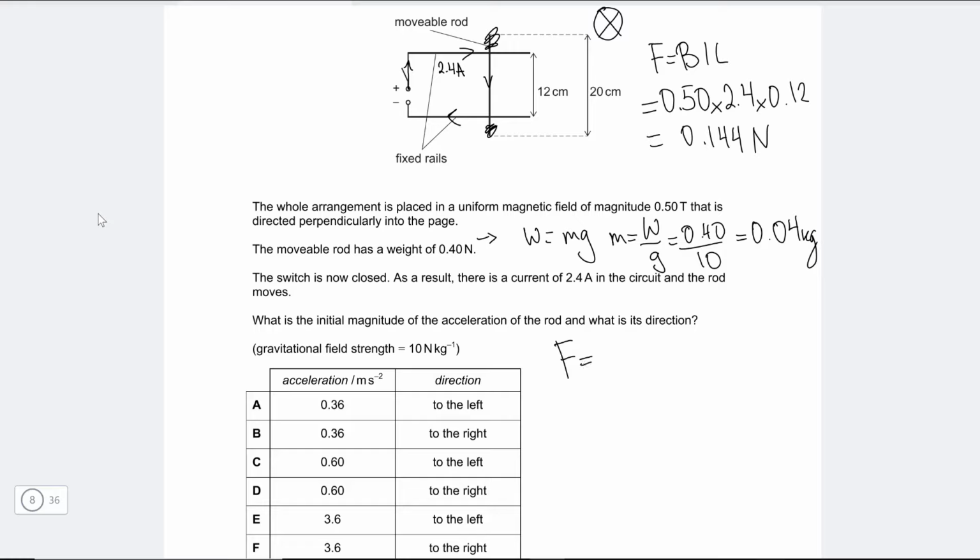So we're going to use F is equal to ma for that, and the acceleration will just be the magnitude of the magnetic force, 0.144 newtons, and then we are going to divide it by the mass, so it's going to be 0.04.